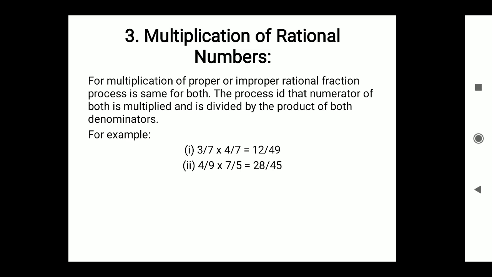If we talk about 4 upon 9 into 7 upon 5, it is equal to 28 upon 45. You can see the denominators are different, 9, 5, 7. If we talk about 7, 7, this is a proper fraction. If we talk about 9 and 5, 4 upon 9 and 7 upon 5, this is improper.